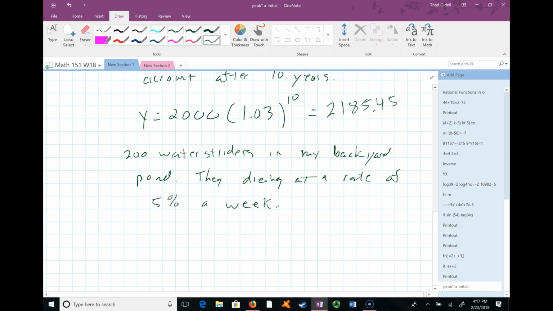So that 5% is a decay rate because we'd be going down. Our formula would be y equals 200, because that's the initial value of water striders, times 1 minus 0.05, because b is equal to 1 minus the decay rate. And we'd raise that to a t, and we would say t is measured in weeks.